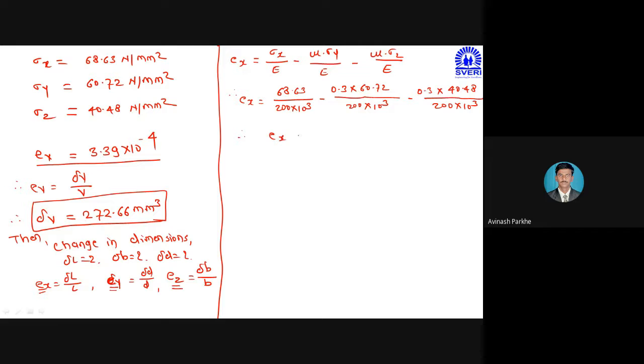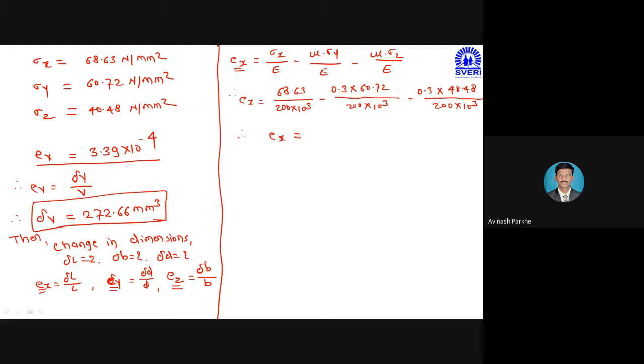Please remember this formula for the triaxial condition. Epsilon X is equal to linear strain in X direction minus lateral strain in Y direction minus lateral strain in Z direction. Because during epsilon X calculation, we consider that the force is applied only in X direction.